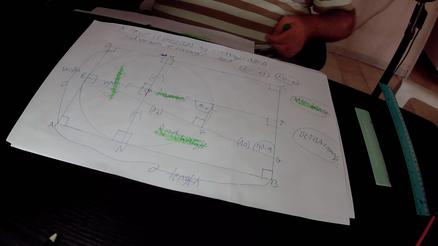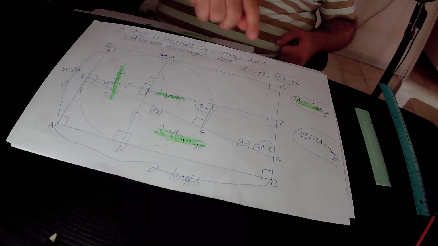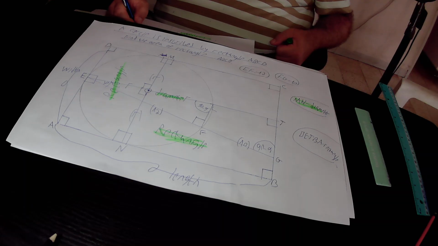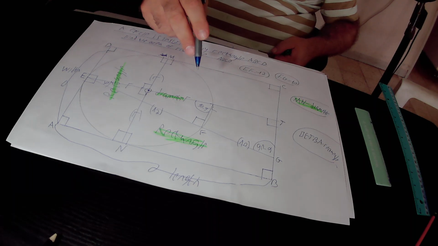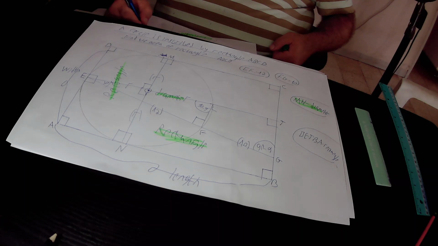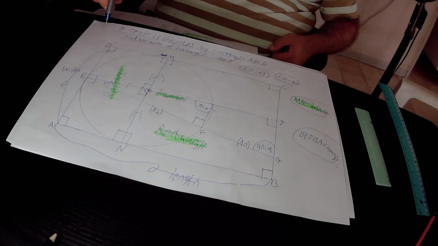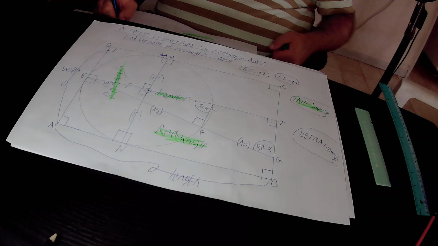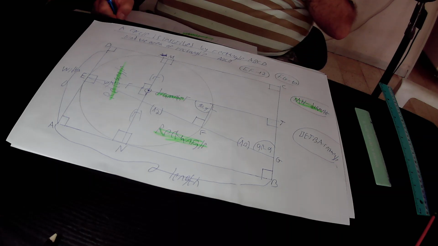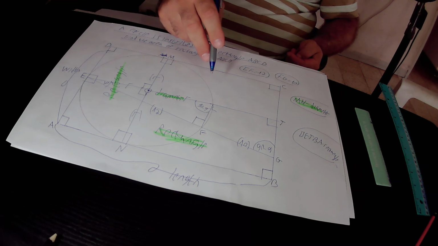We will derive that side ET of the big right triangle ETG over side EF of the small right triangle EFL is equal to side EG of the big right triangle ETG over side EL of the small right triangle ELF.